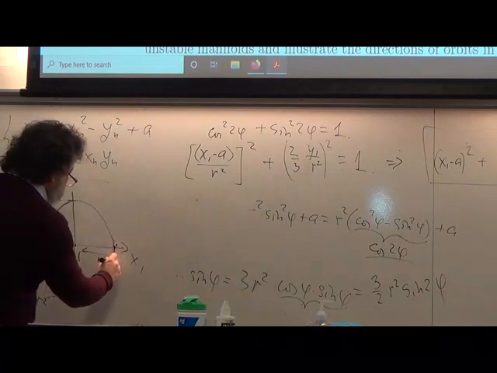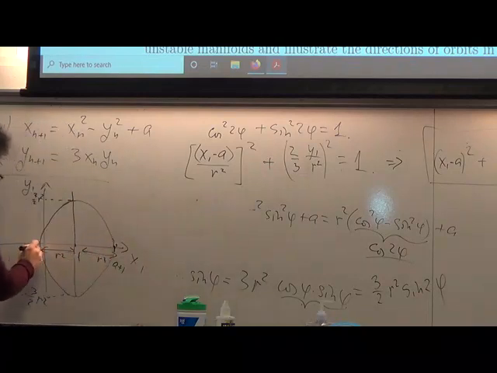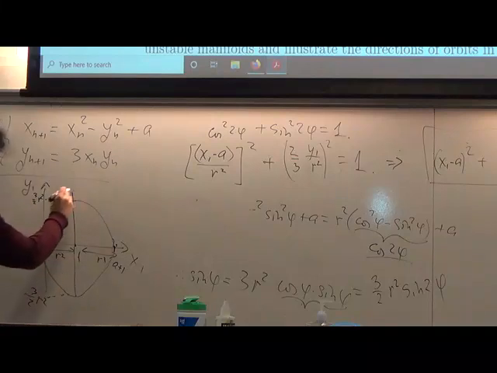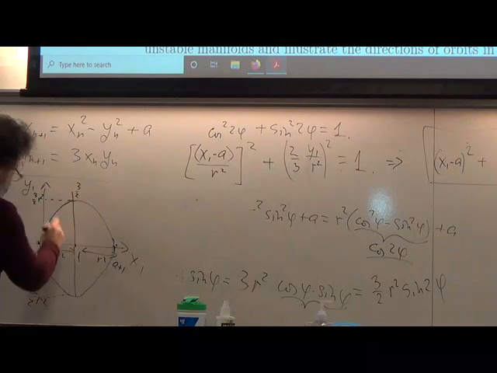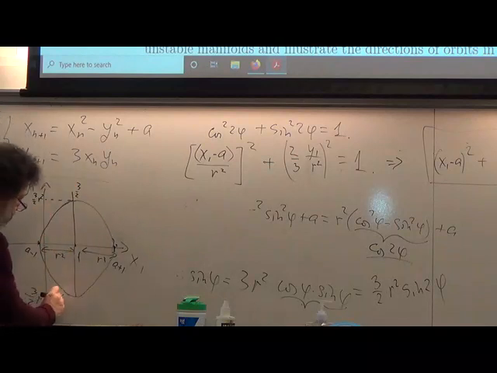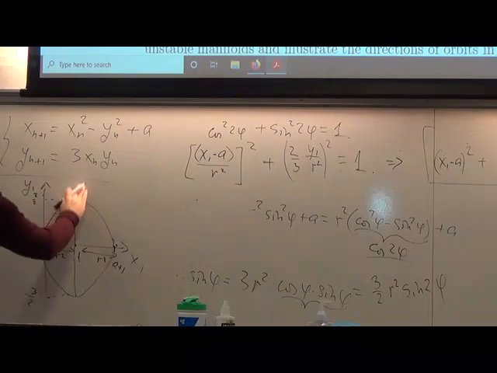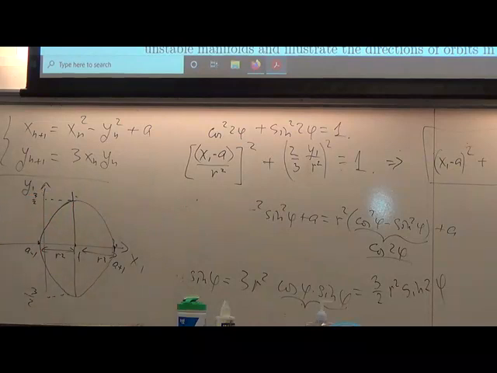So this point will be a plus 1, and this point will be a minus 1. This point will be 3 over 2, and this point will be minus 3 over 2, if r equals 1 and a equals 1. Yeah? But it is all the same. Good.